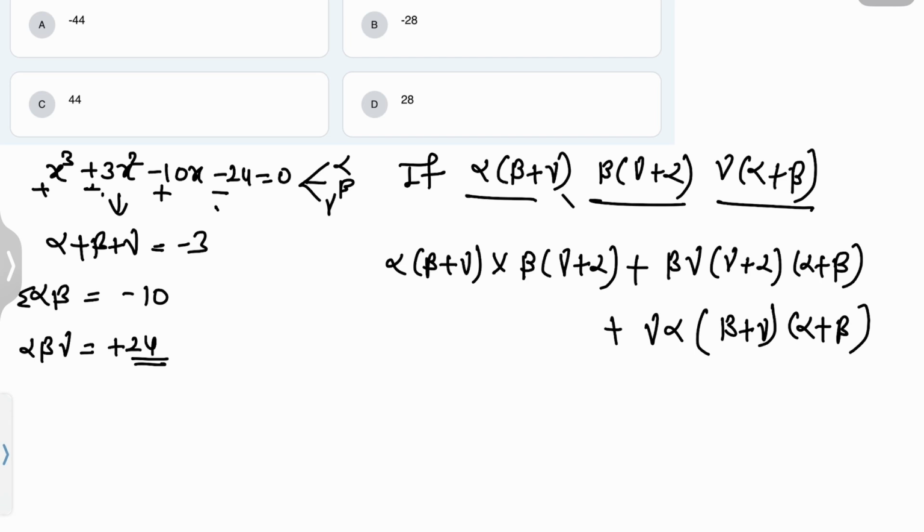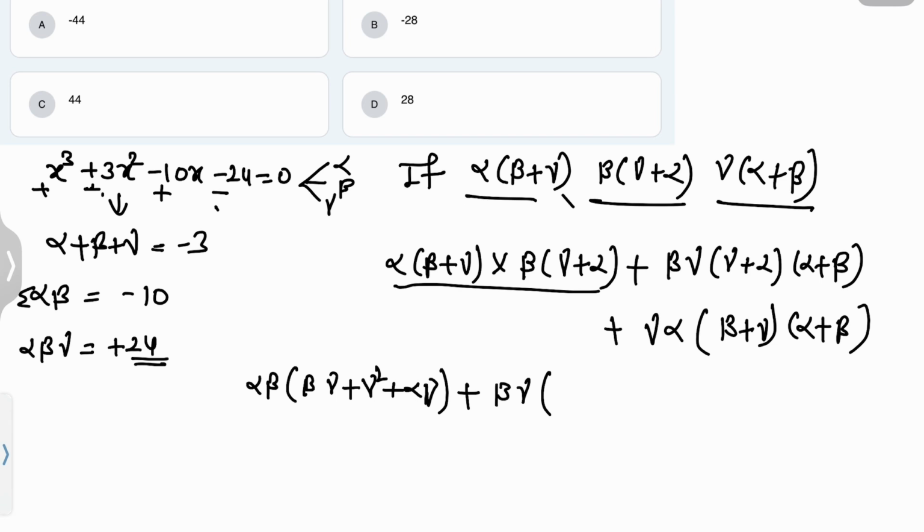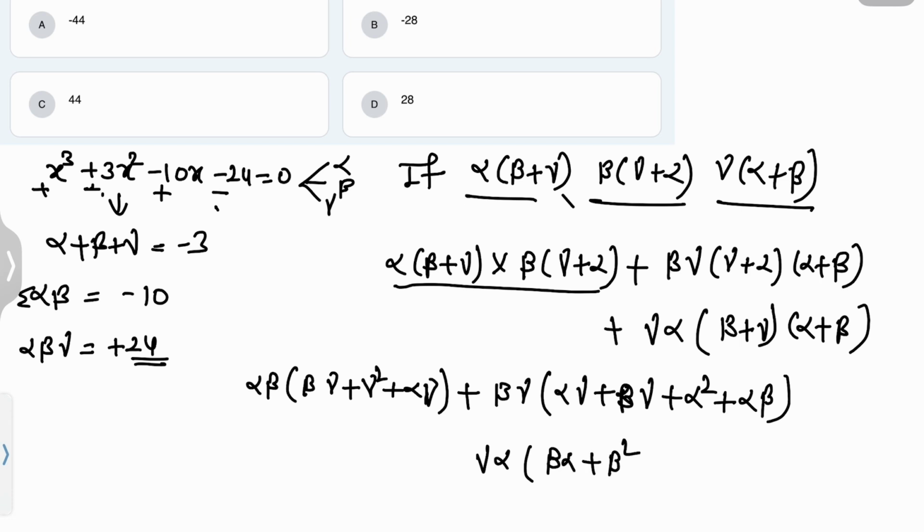So let's start the product. Alpha beta multiplied by beta gamma plus gamma square plus alpha gamma. Similarly, beta gamma multiplied by alpha gamma, sorry, beta gamma plus alpha square plus alpha beta, and gamma alpha multiplied by beta alpha plus beta square plus gamma alpha plus gamma beta.